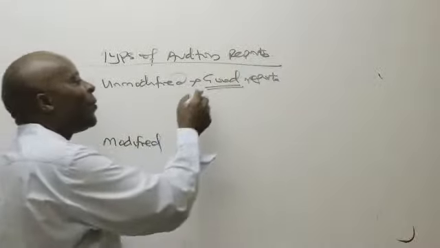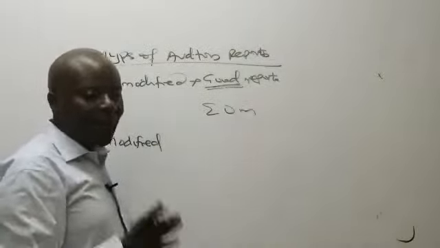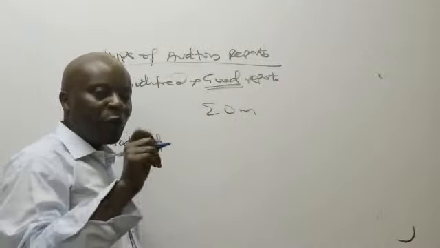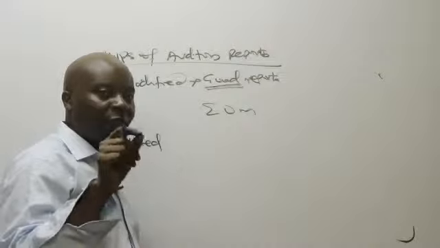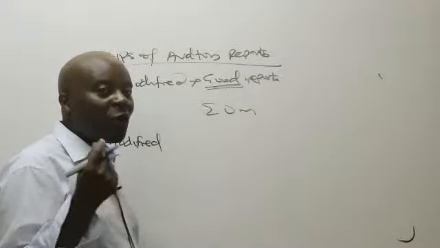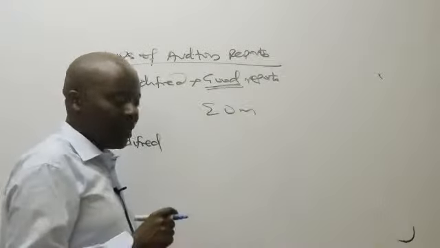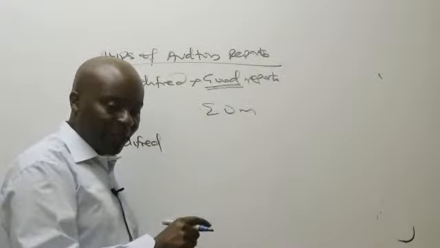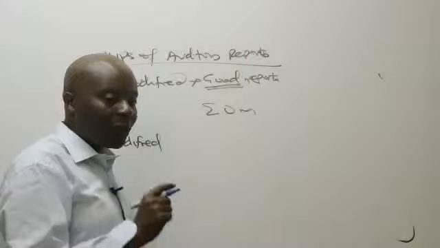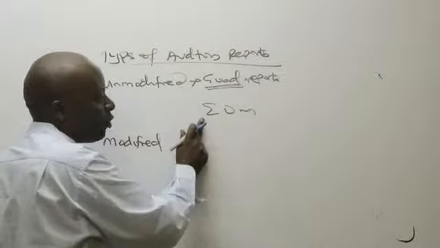But remember that even in good reports, there could be what we call an EOM, isn't it? I've given you an unqualified report, but there is an emphasis of matter paragraph. For example, we are drawing the attention of the users of the financial statements to a particular matter like going concern issues. We tell them that as per note number 16, given by the management of the company in the disclosure notes, the company has going concern issues. So it could be a good report, but with an emphasis of matter paragraph.